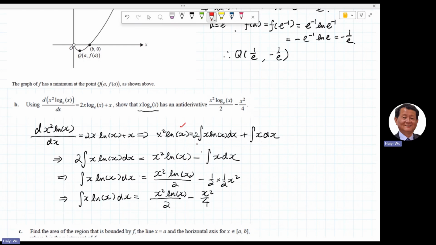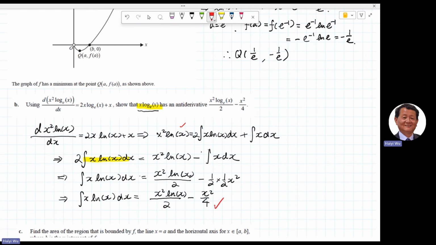I'm going to move this because I need to have the antiderivative of that. So I'll put the antiderivative expression times 2 equal to x squared log x minus the antiderivative of x. So we divide by 2 on both ends, and the answer will be pretty simple.